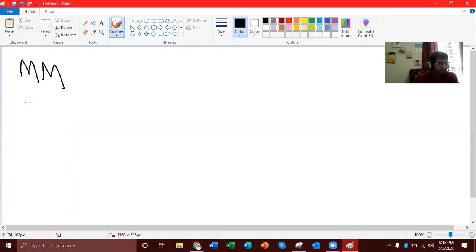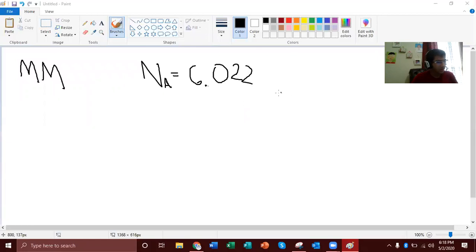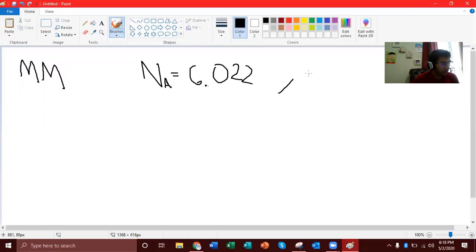But if we think about it, the molar mass has to be connected using Avogadro's number, N sub A, which is 6.022 times 10 to the 23rd.